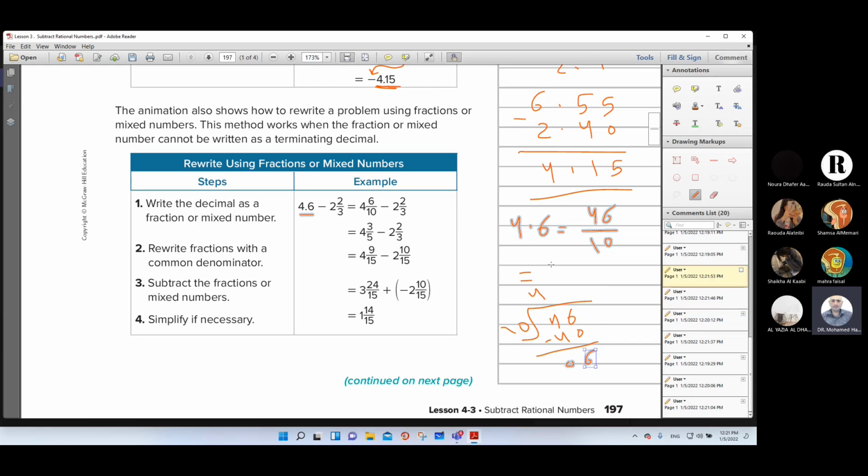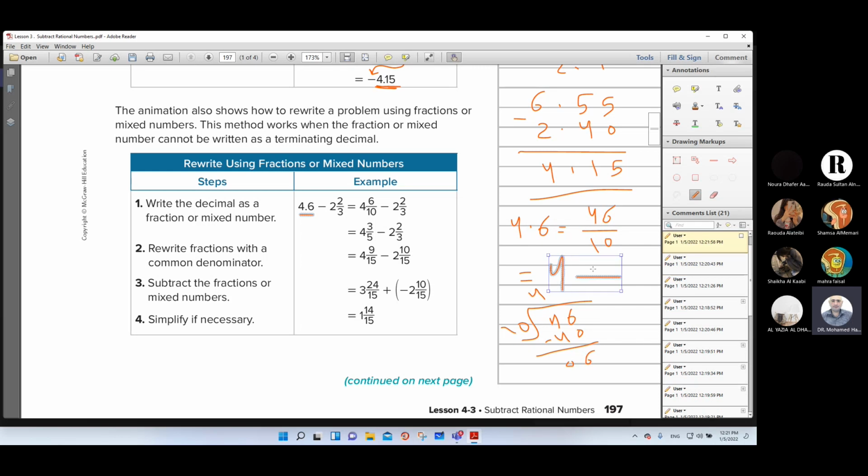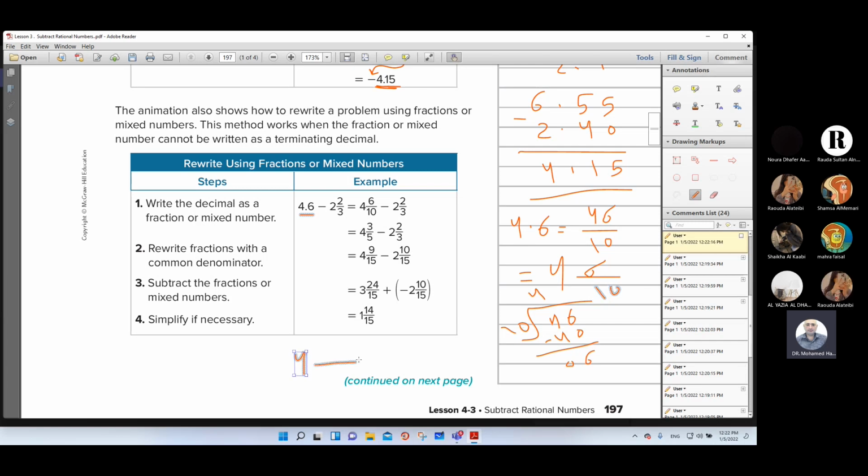So the quotient means the whole number, and 6 the remainder, and the divisor here will be the denominator. Then you can do the simplest form here. Divide 6 by 2 and 10 by 2. So we have here 4, and 6 divided by 2 will be 3, and 10 divided by 2 will be 5. So the decimal as a mixed number will be 4 and 3 over 5.